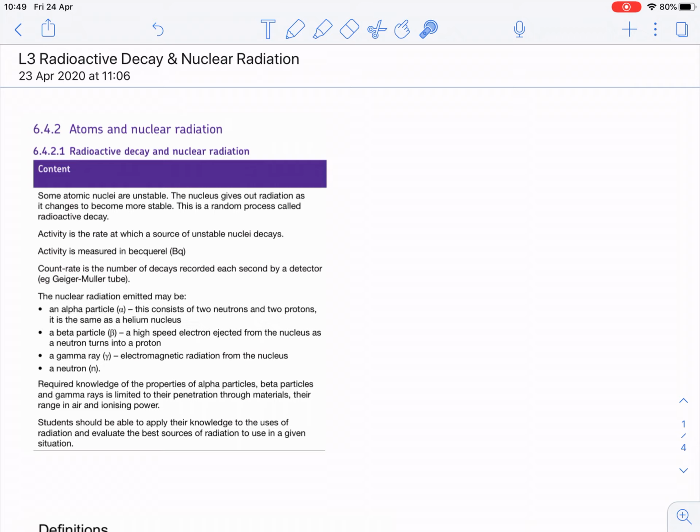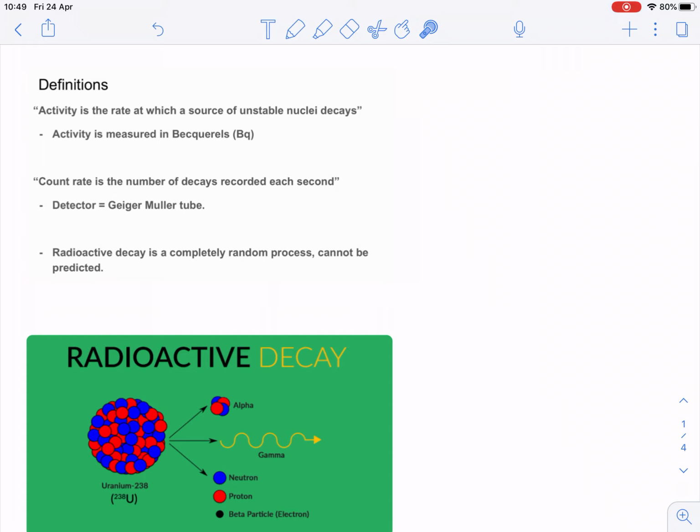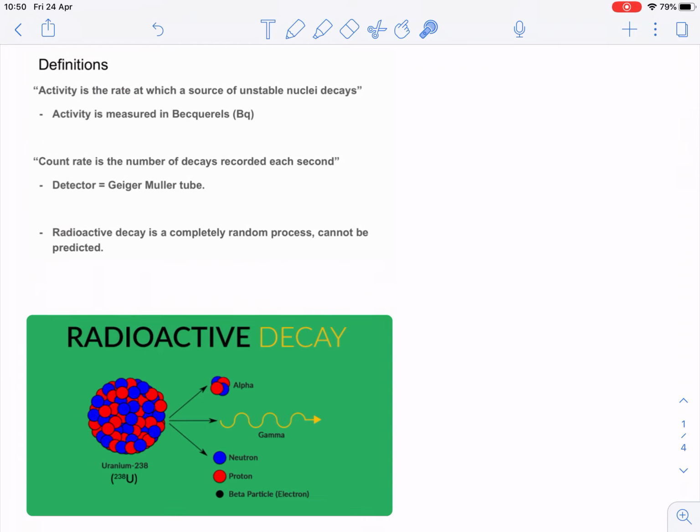There are three types of radiation that we're going to go into in just a moment, but first some definitions. The activity is the rate at which a source of unstable nuclei decays, and it is measured in becquerels, with the unit Bq. The more actively the unstable nuclei are decaying, the higher the rate.